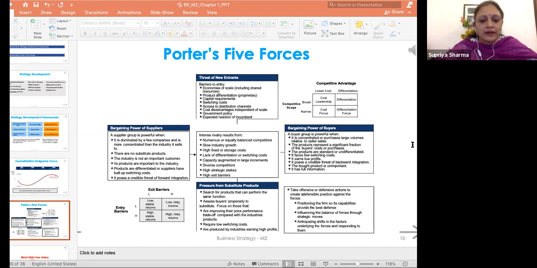This was designed by Michael Porter. It's a business analysis model which helps to explain why various industries are able to sustain different levels of profitability. This model actually came in Competitive Strategy, a book written by Michael Porter in the 1980s. Very, very famous book.